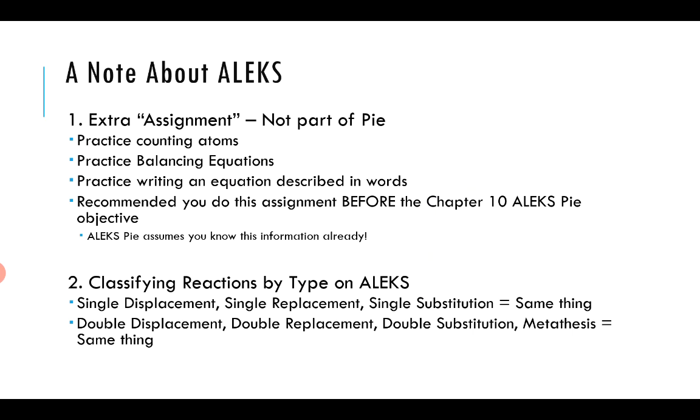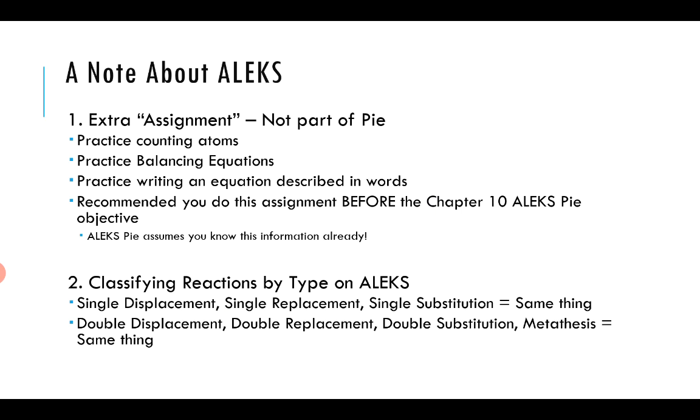When you get onto ALEX, there will be an extra assignment that's not part of the PI. In that extra assignment, you will be practicing counting atoms, balancing equations, and writing equations from words. I really recommend that you do that assignment before you work on the topics in your PI, because those topics assume that you already know how to do that.